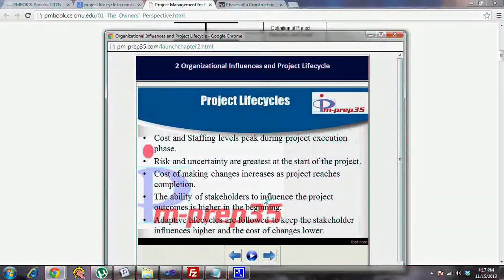Once you have planned, you have designed, and you are developing things, that is the time when you will use a lot of resources. When you use a lot of resources, a lot of cost is spent, because you spend cost on procuring those resources on board, the project team on board. So cost and staffing levels peak during the project execution phase.